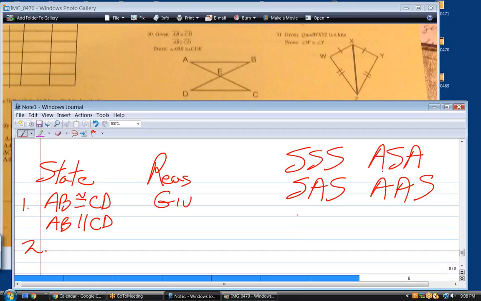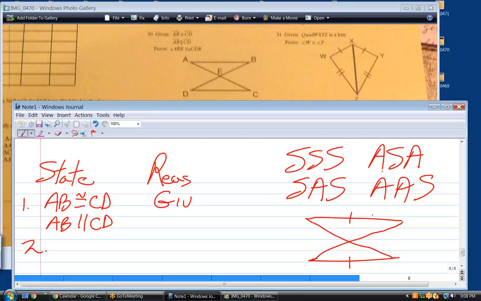Okay, so my attempt is I've got to show by one of these 4 things that this triangle is congruent to that triangle. Well, what do I know for the moment? If I draw it, I know that that's the same as that.